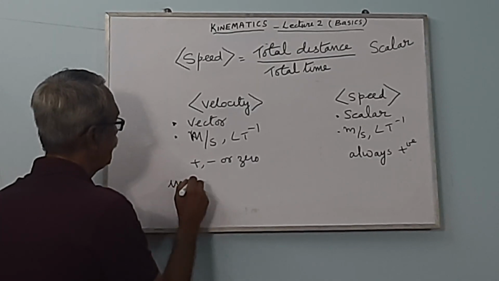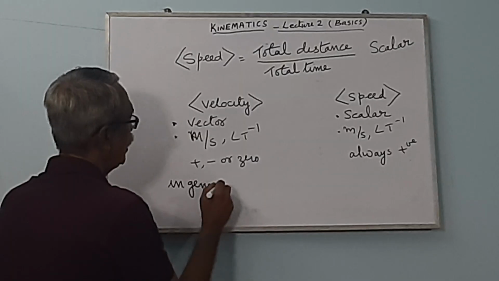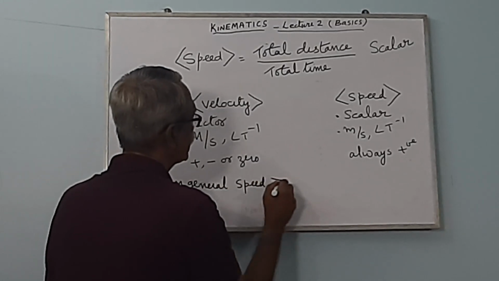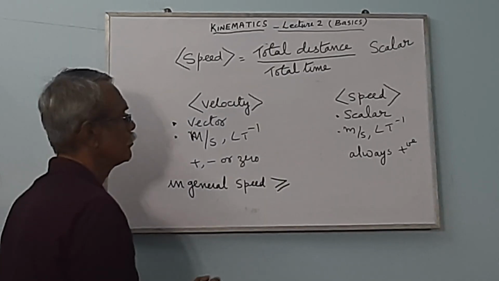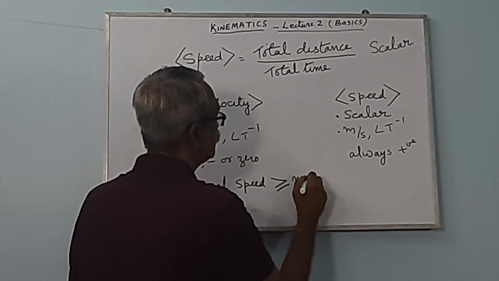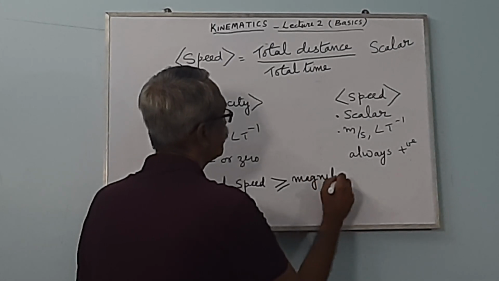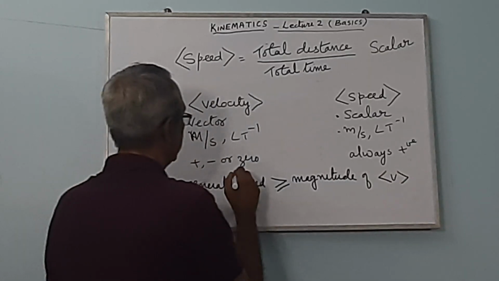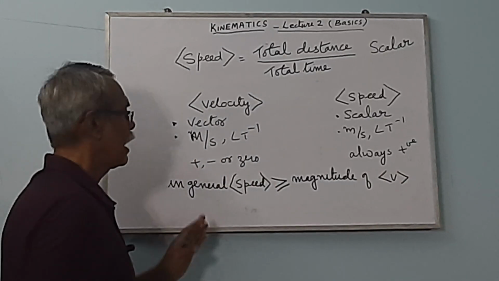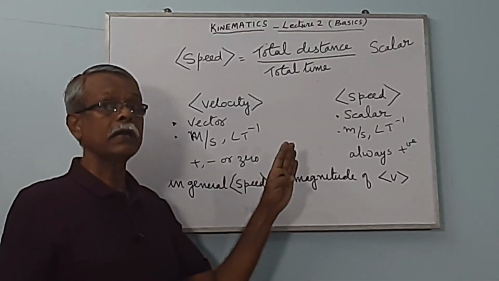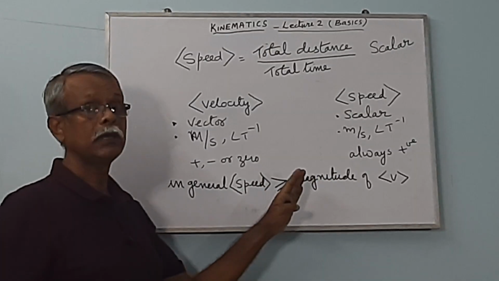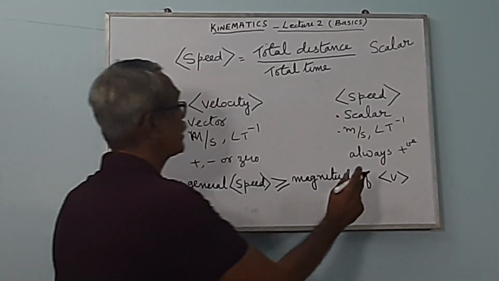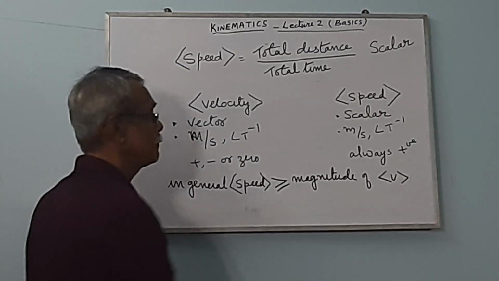In general, average speed will be greater than or equal to the magnitude of average velocity.